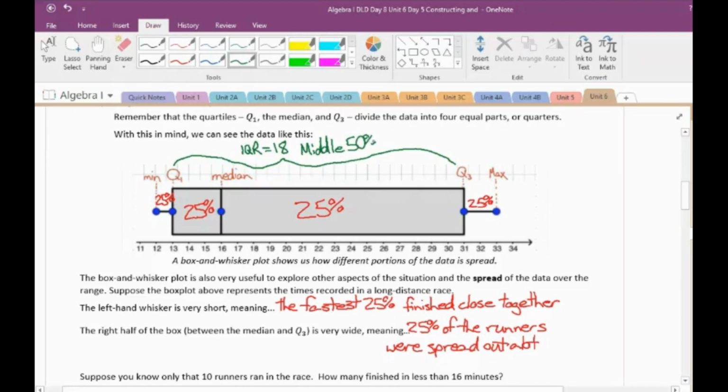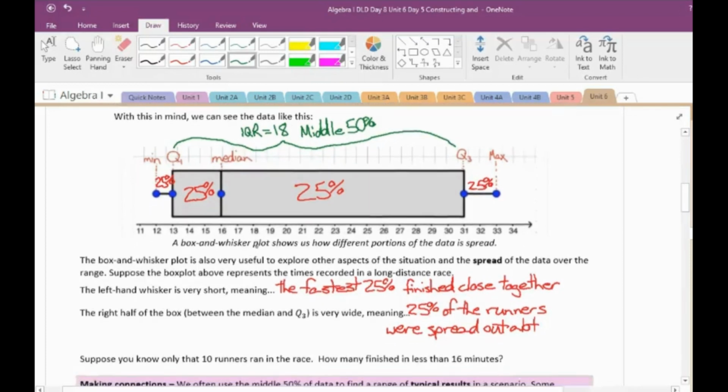We'll talk about how that can be used in a moment. But that would be the middle 50%, where you don't have the fastest, we don't have the slowest, but the middle 50% are in that range right there.